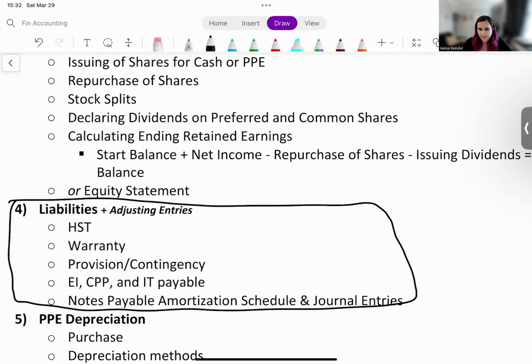Or there could be a multiple choice question on warranty or GST. All of these are small topics. You can even expect multiple choice questions from here, or a liabilities long answer question, or one with adjusting entries. So let's go ahead and try some of the liabilities parts that we could expect to see.